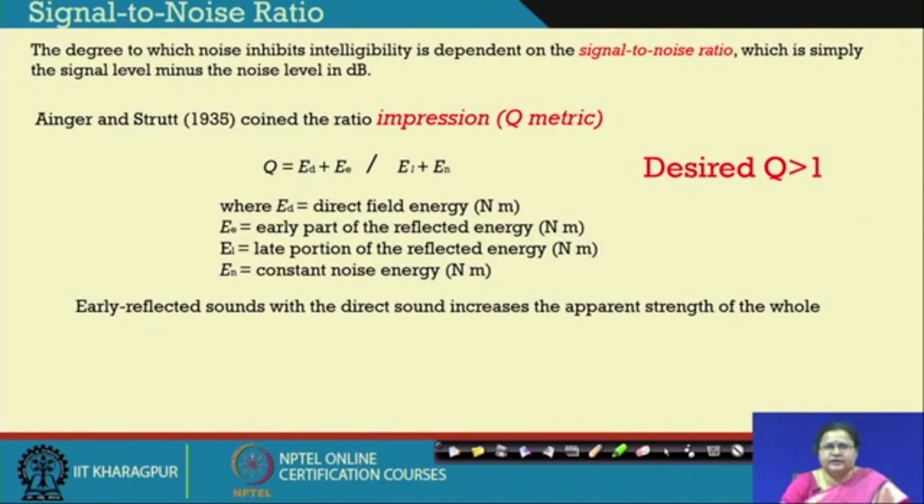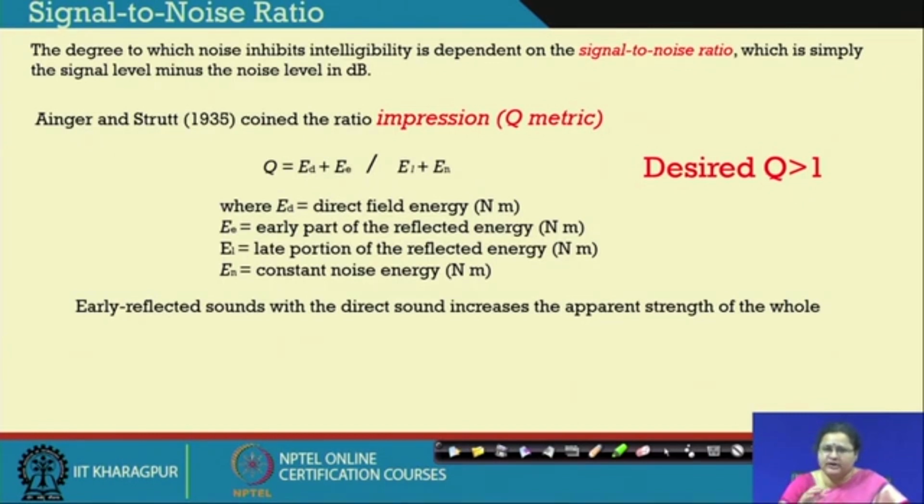We also consider the noise inside the environment. We discussed in the earlier lecture that, say, fans are moving inside a space, or the air conditioning mechanical sound is coming into the space. These are all negative to the sound we are producing.